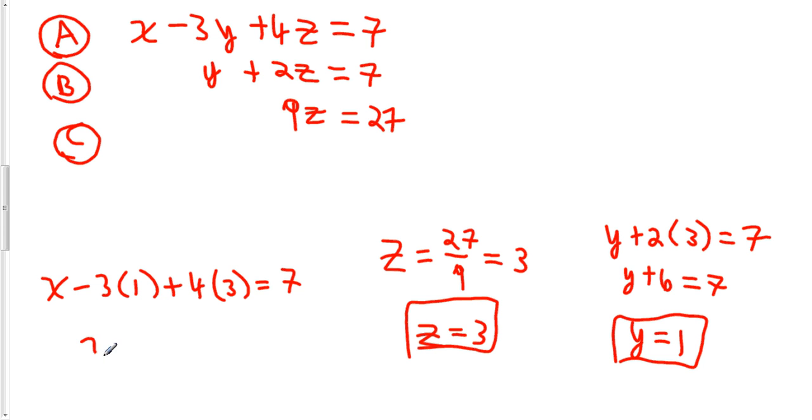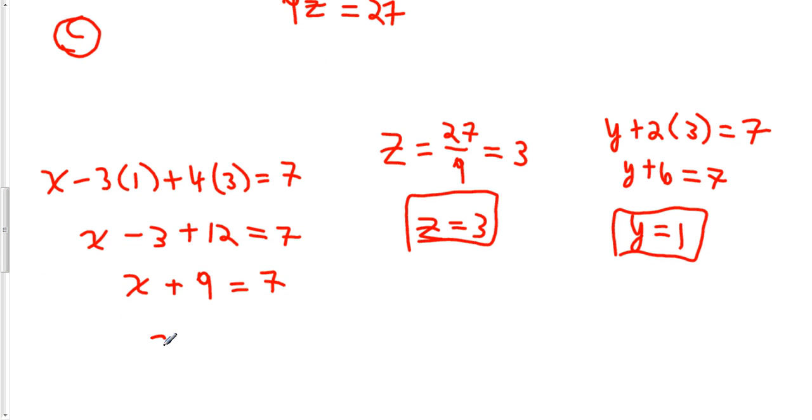So I get x minus 3 plus 12 equals 7. 12 minus 3 is a 9. And we get that x is equal to negative 2.